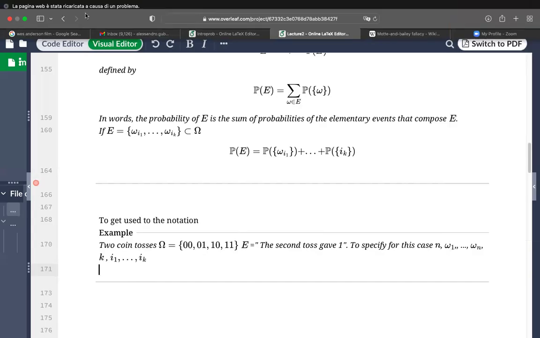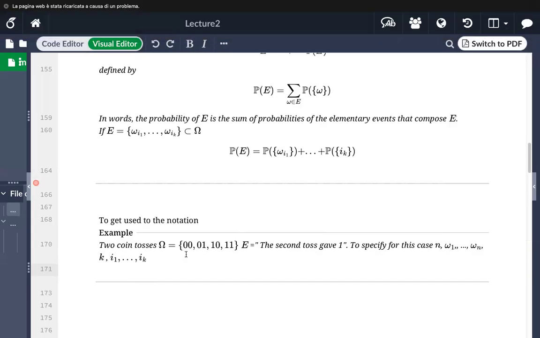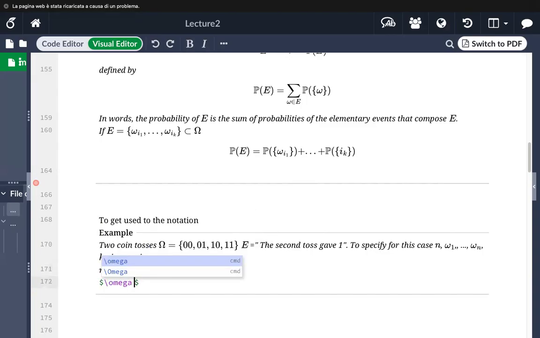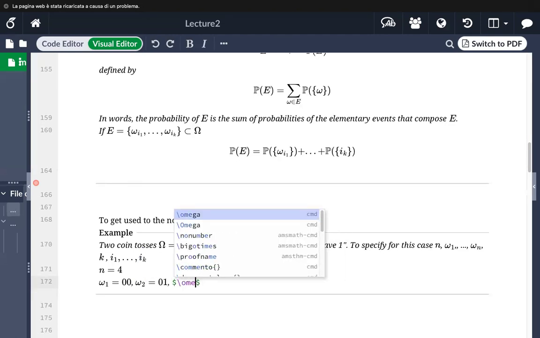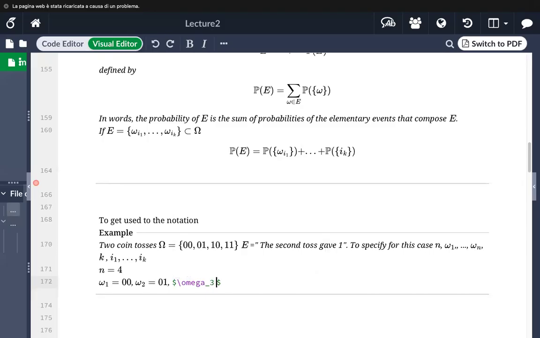Okay, maybe I can correct it. In this case, n is equal to 4, because there are 4 elements. Omega 1 is equal to 0,0. Omega 2 is equal to 0,1. Omega 3 is equal to 1,0.